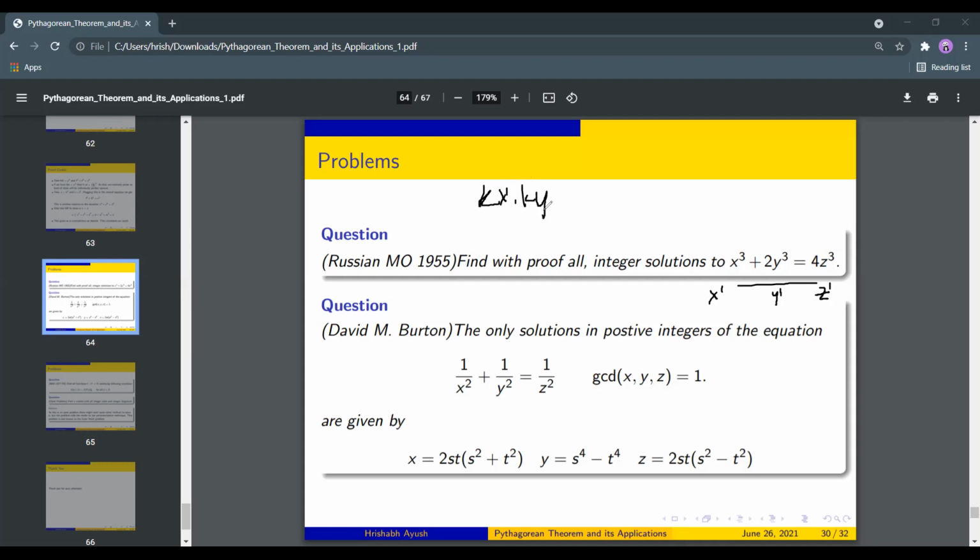But here you'll have to find it using the fact that the solution has GCD 1, and then you try to contradict it, as you have everything as a multiple of 2. So does that make sense? Yes. Okay, I'll try to upload the solutions to these two problems, and you can do this one.